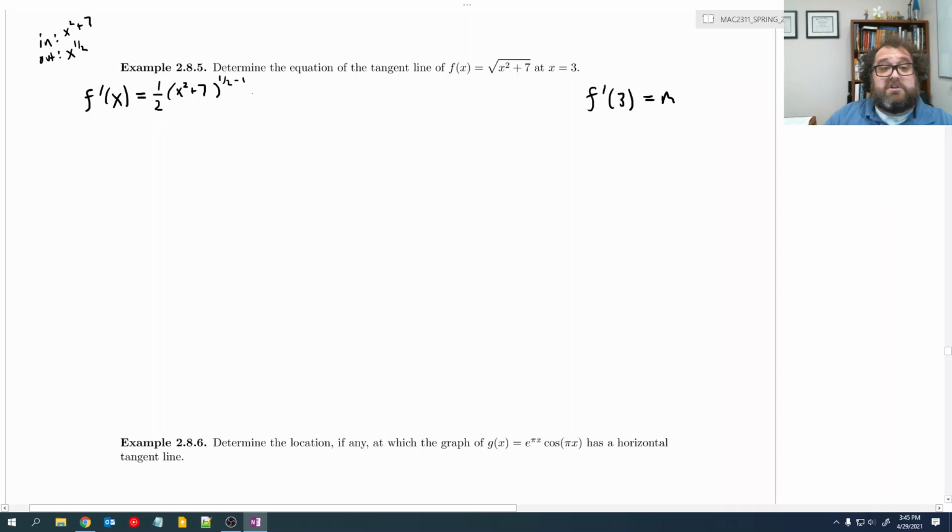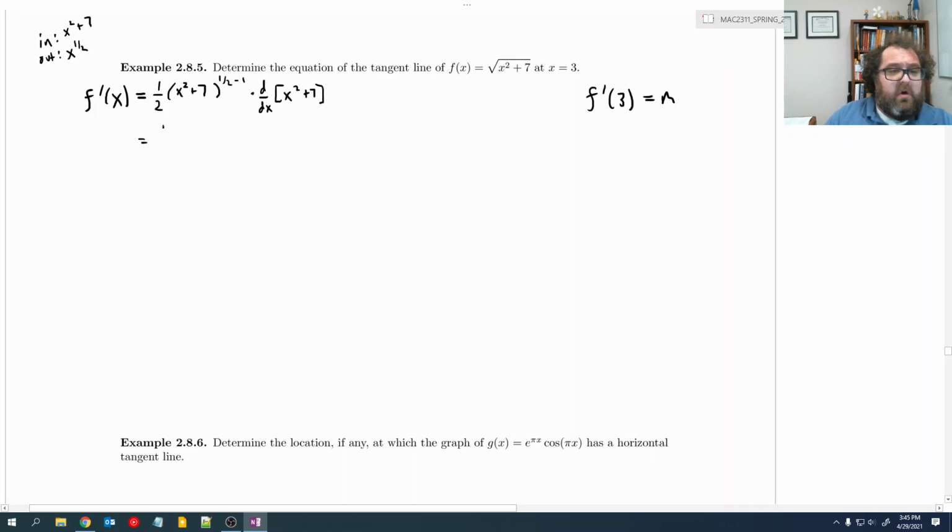Step 3 of the chain rule says you multiply by the derivative of the inside function. That's exactly what the chain rule tells us. The last thing to do here is to differentiate x squared plus 7 and do any simplification that's necessary.